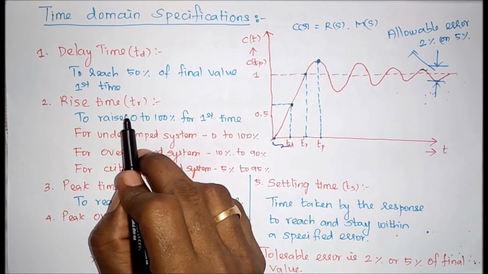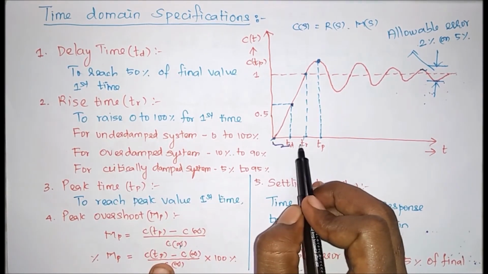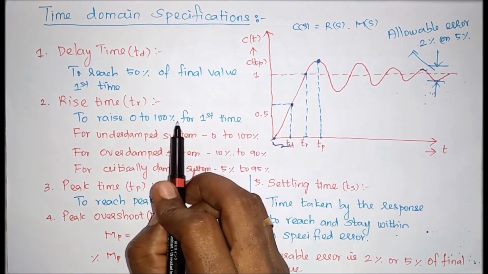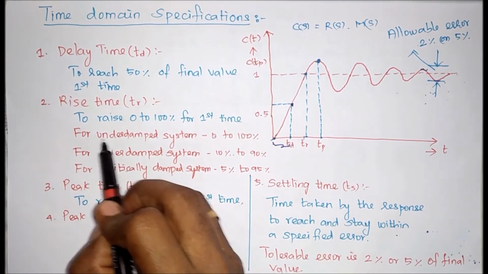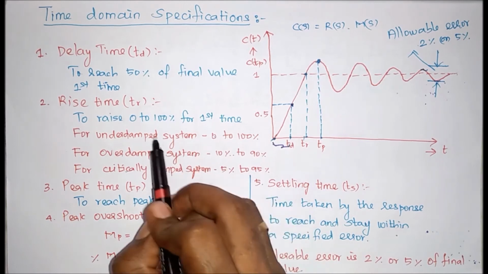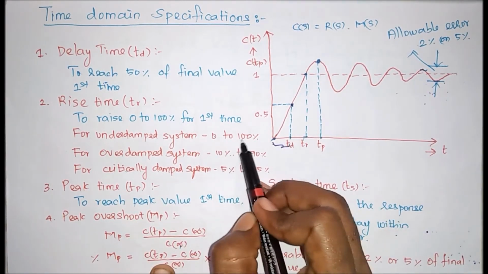From its final value, that is the delay time. Next, rise time. Rise time is the time taken to reach 100% of a response for the first time. For example, for an underdamped system, the response we can consider from 0 to 100.